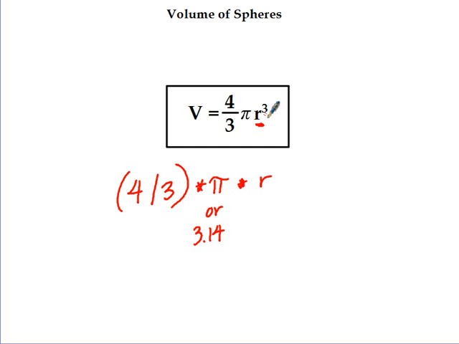And then to make that exponent, you're going to use the caret button, which is above the division symbol, and then 3. And your calculator should turn that into an exponent for you, so it should make it r to the 3rd power. So that's how we're going to plug all of these into our calculator. And then it's pretty simple from there.